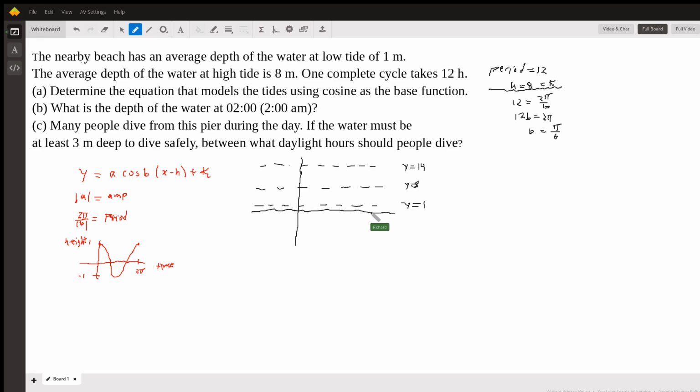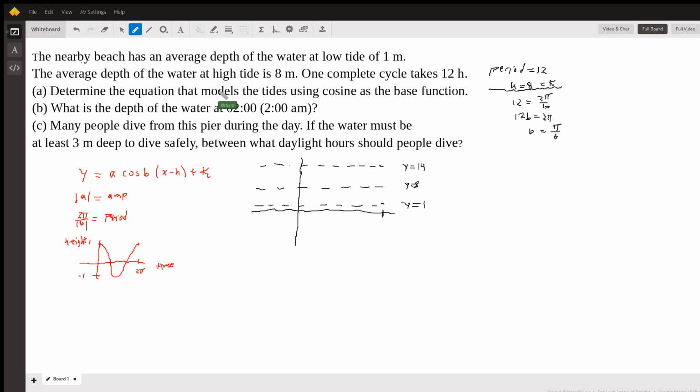So these are what I call railroad tracks. When I'm graphing a trigonometric curve, I like to start with the railroad tracks. And now we know that this curve is going to end up at 12.